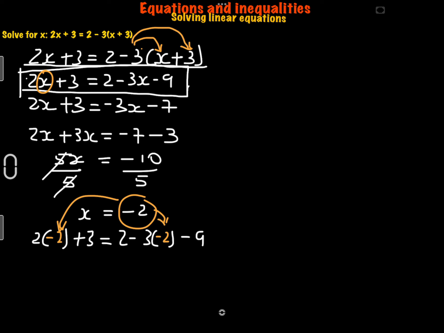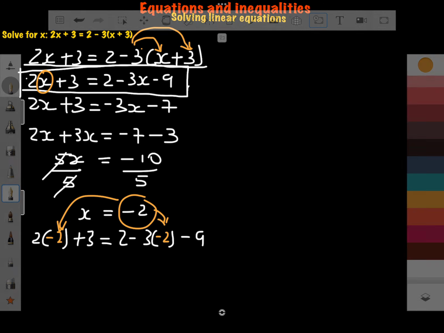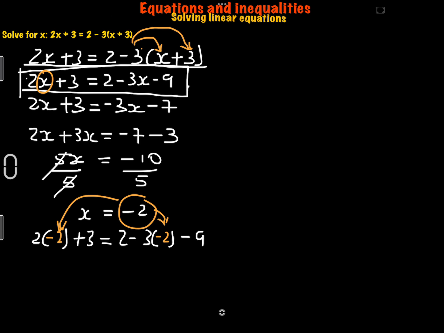Okay, so by calculations, we have 2 multiplied by negative 2 gives us negative 4 plus 3, is equal to 2. So already 2 is a constant. Negative 3 multiplied by negative 2 gives us positive 6 minus 9.